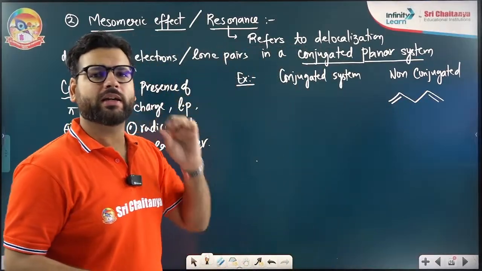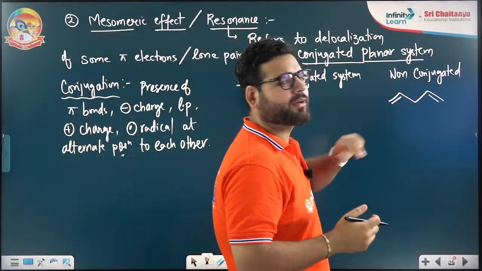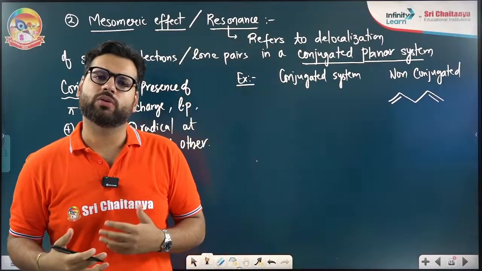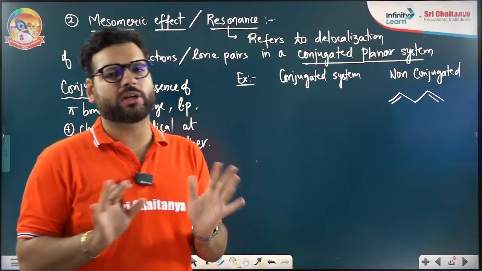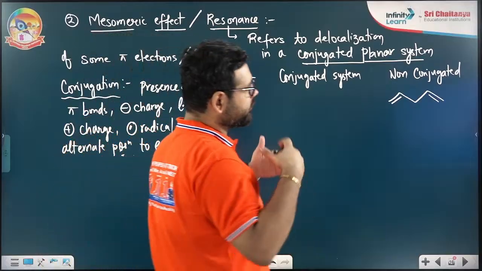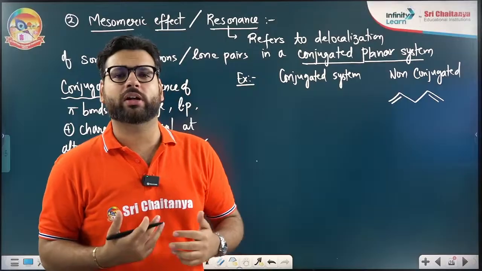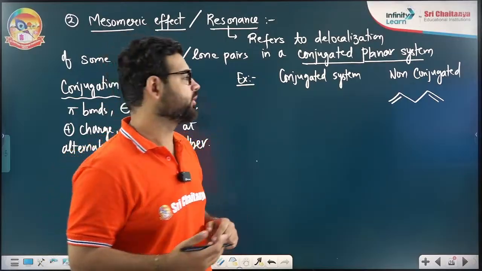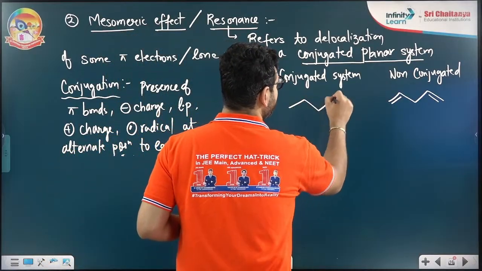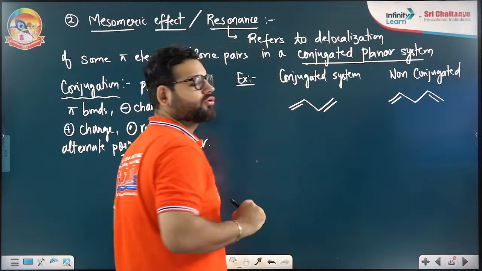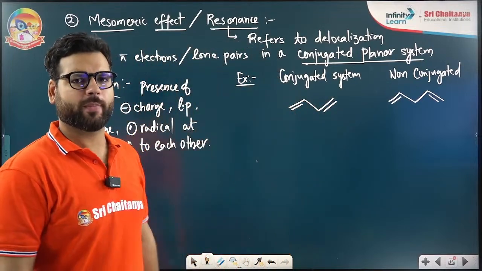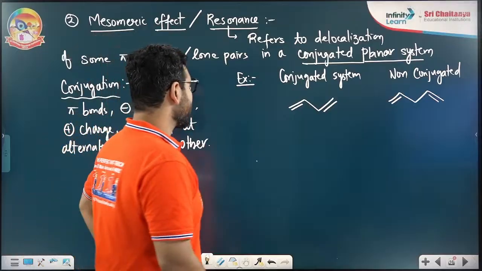There is no planarity here because this sp3 carbon comes in between, which loses its planarity. So there is no resonance possible here. You can say pi, nothing, nothing, pi. The pi bonds are not at alternate positions. Whereas now they are at alternate positions. This is a conjugated system: pi, nothing, pi.